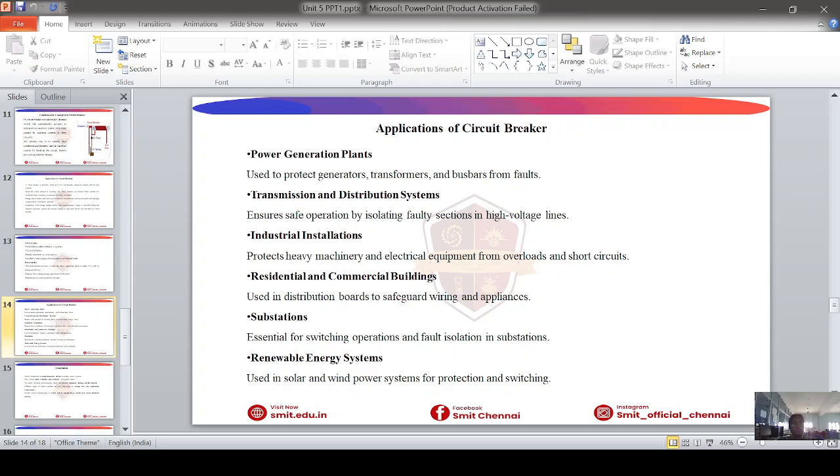Used in distribution boards to safeguard wiring and appliances in residential and commercial buildings. Then substations. In substations, essential for switching operations and fault isolation. Renewable energy systems. Used in solar and wind power systems for protection and switching.